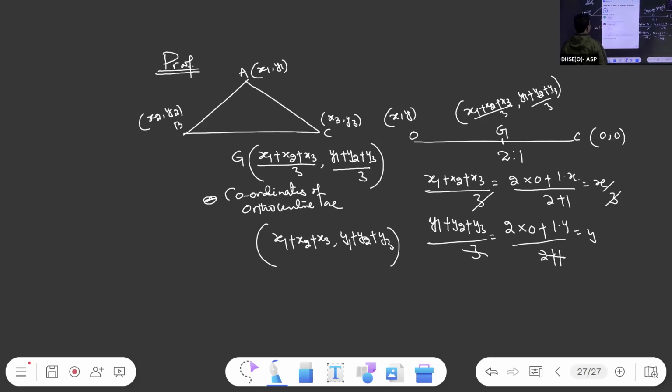Oh, Subhanshu, not Subhranshu. From GSCR. GSCR means where is it?